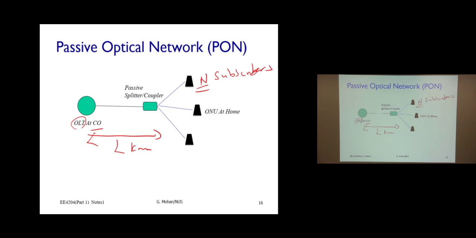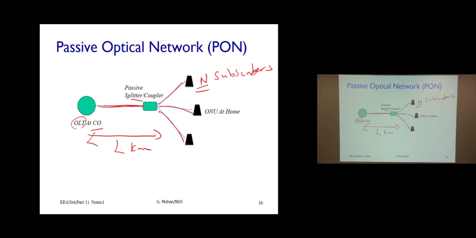And there is a fiber running from this central office all the way to near our home or near our apartment or some residential premises. The dimension is not proper in the figure, but this is very close to the homes. Don't think that these distances are quite high. Once it reaches here, it goes through what is called a passive splitter or coupler, from where there are small fibers running out to individual homes.